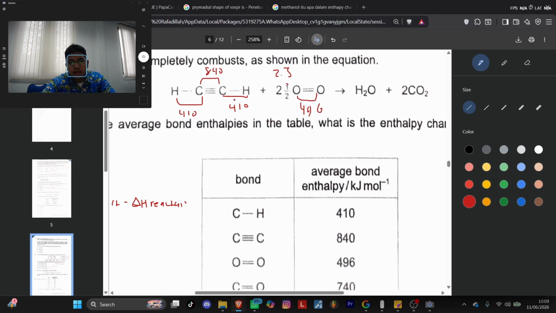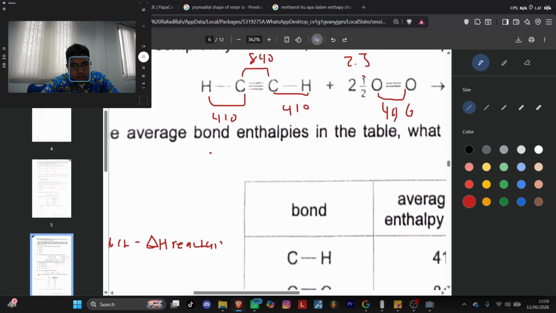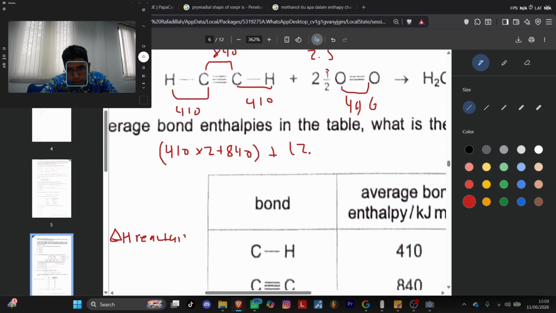So we just need to calculate for the reactant fraction, right? So the total is 410 times 2, plus 840, plus 2.5 times 496.